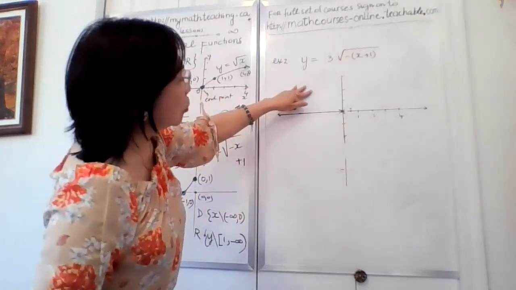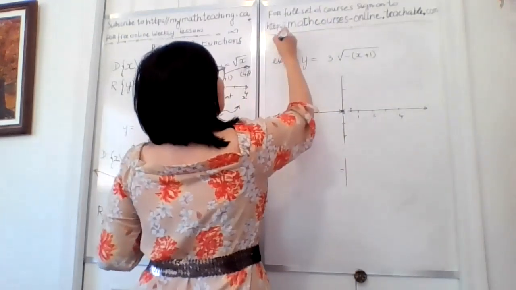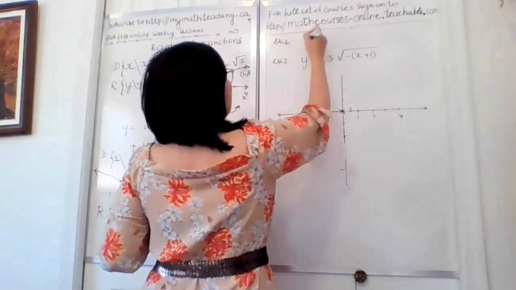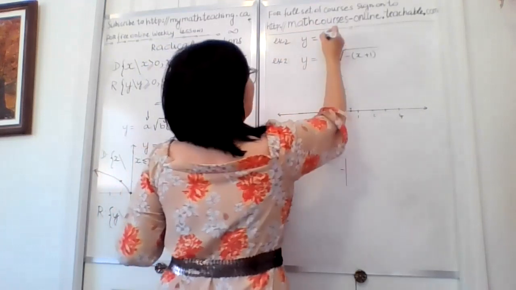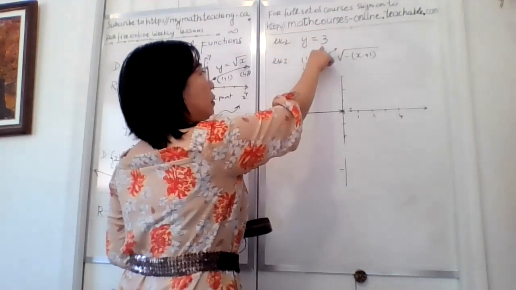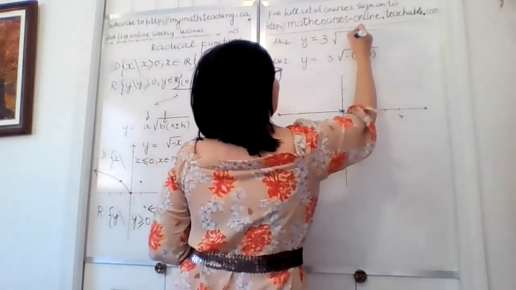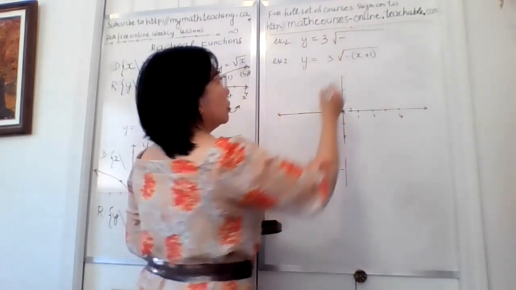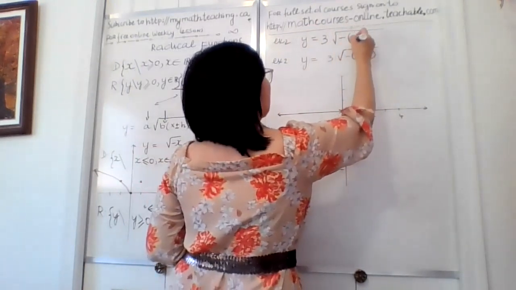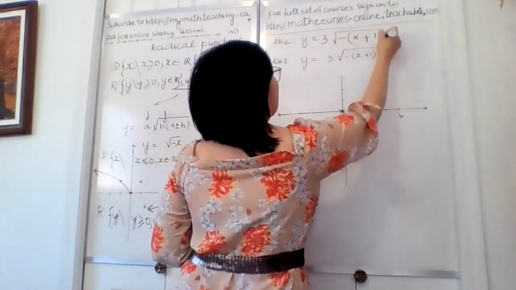For this new function, maybe let me move it up a little bit so we have more room. So y will be equal to, this is the vertical stretch by a factor of 3. Radical inside, we have a reflection over the y-axis, and we have a positive sign.